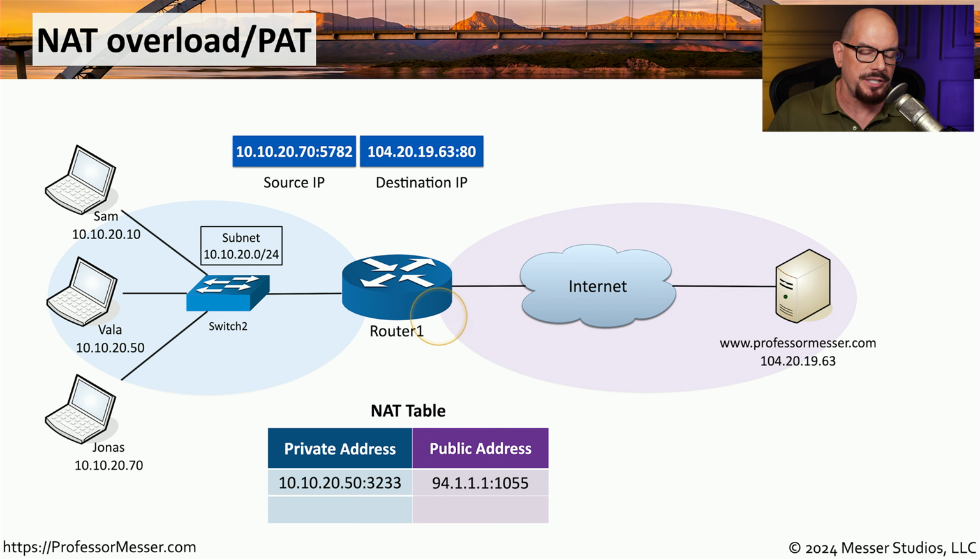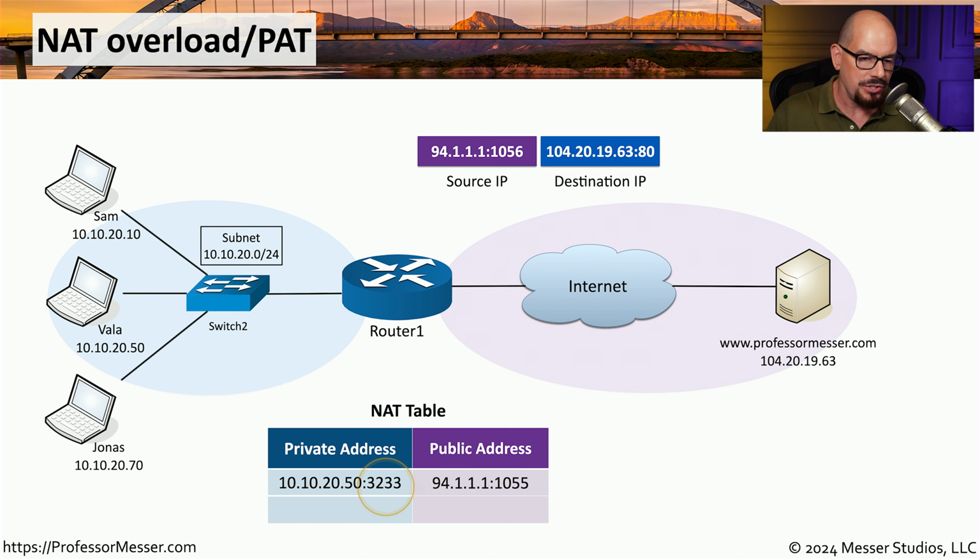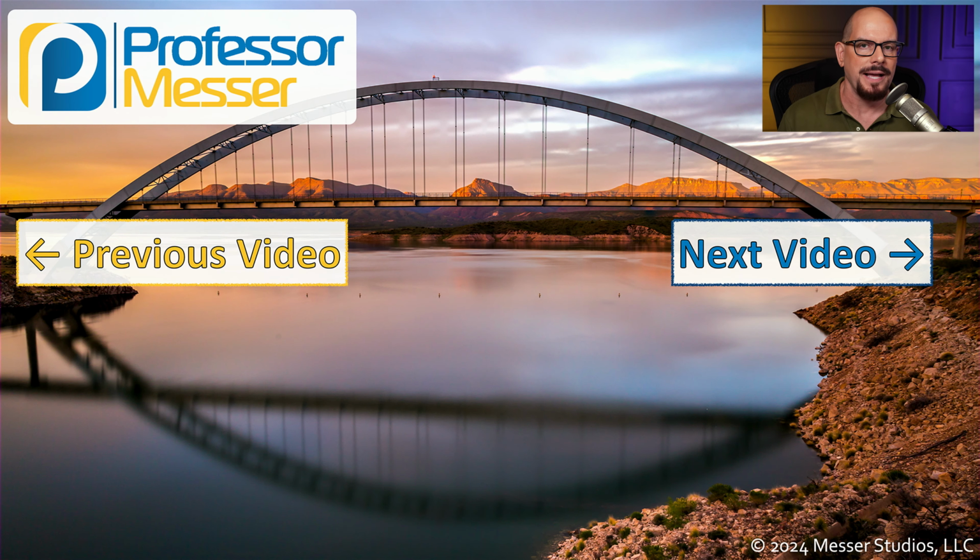When that packet is received by the network address translation router, it knows that that address has not been used before, and it puts that into the network address translation table with a different port number on the public IP address side. So now we're using the same IP address of 94.1.1.1 as our public IP, but notice that the port number has incremented by 1. This means that we can now have many people on the inside of our network communicating externally to a server, all using the same public IP address.